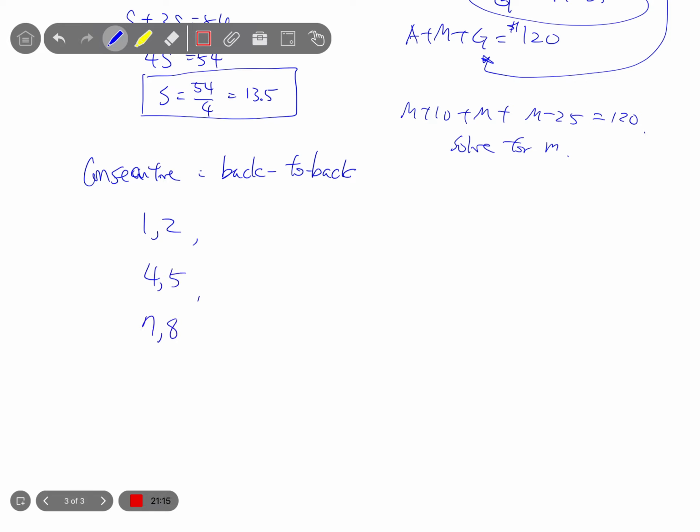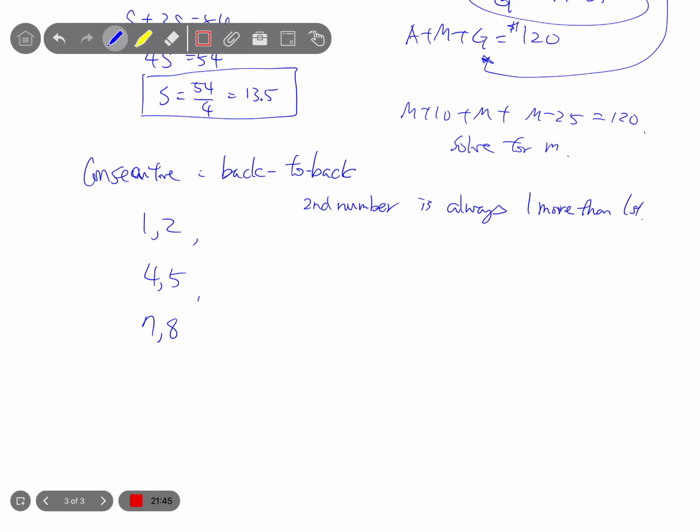These are consecutive numbers. And remember the second number is always one more than the first. That's why if you look at the examples, 2 is always one more than 1, 5 is always one more than 4, 8 is always one more than 7.